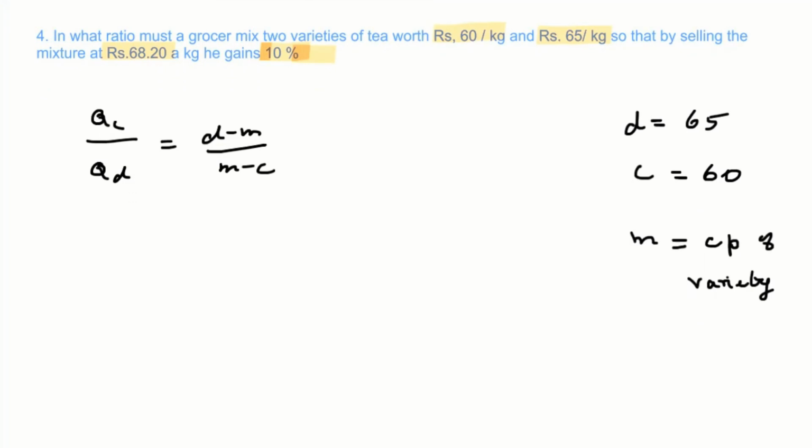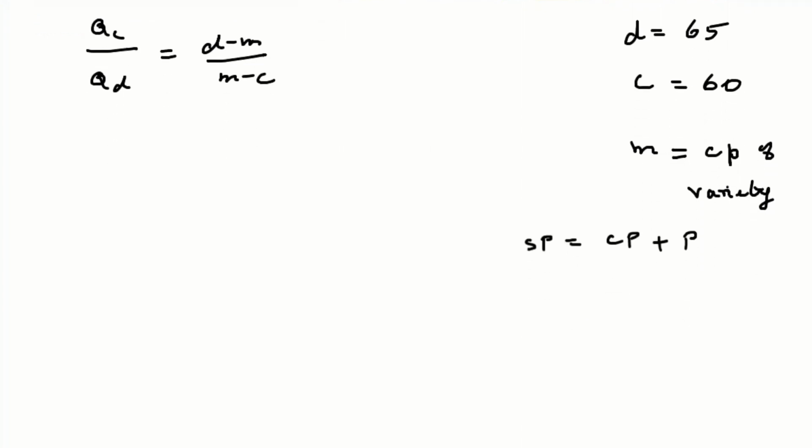So what is the formula connecting selling price, gain and cost price? If you don't know this formula, you can write like this: selling price is equal to cost price plus profit. Here profit is 10% of cost price.